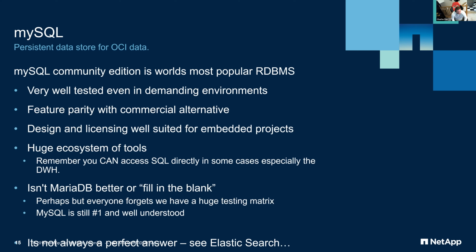It's not always a perfect answer, because much of the data in OCI is unstructured. When we moved to later versions of OCI and started using the Elasticsearch components, it gave us the ability to do things like schema-less updates to the database engine whilst running.